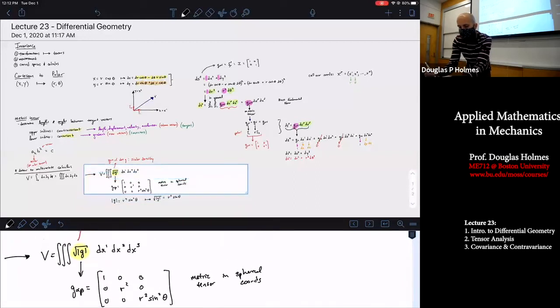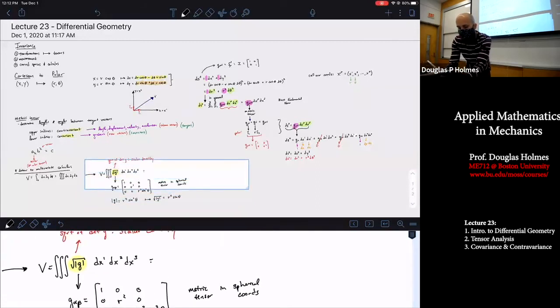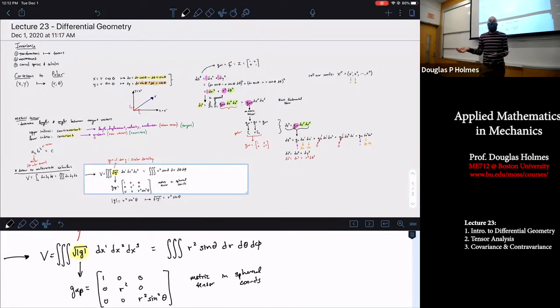So now if you were to calculate the volume integral in spherical coordinates, you would write r squared sine theta dr d theta d phi, and you immediately get the proper way to calculate your volume integral in that coordinate system.